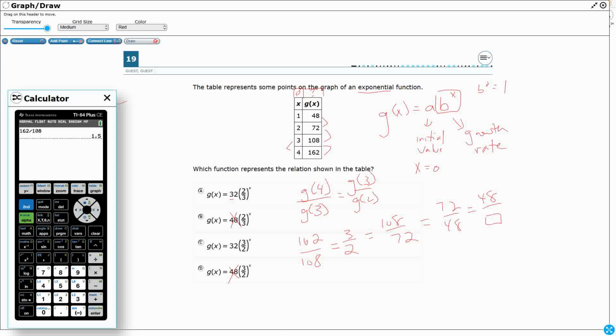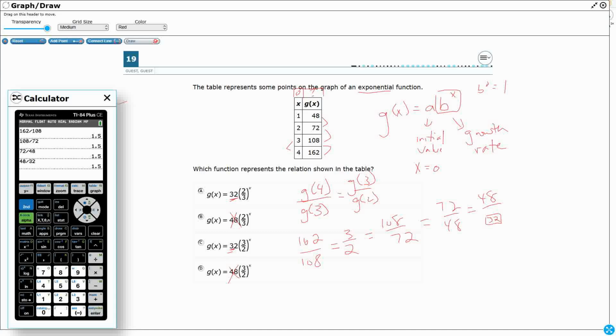In this case, it looks like 32 is our only option. Let's verify. 108 divided by 72, yep. 72 divided by 48, yep. And then 48 divided by 32, yep, that is correct.